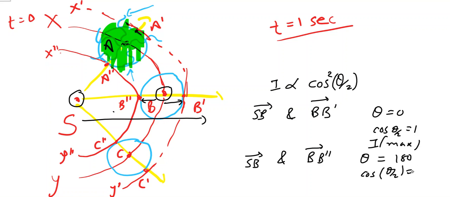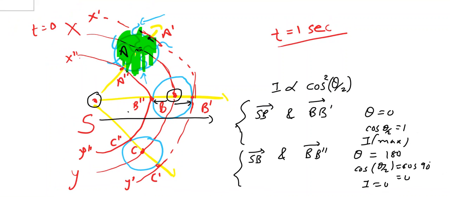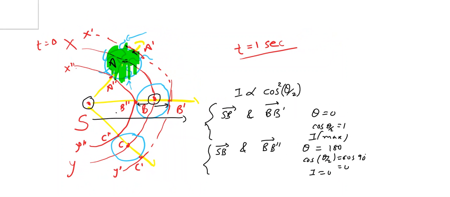And what is cos of 90 degrees? 0. And hence intensity is 0. So this is how we can explain that light moves in the forward direction only. It will not go back. So if you retrace the path, intensity will be 0.